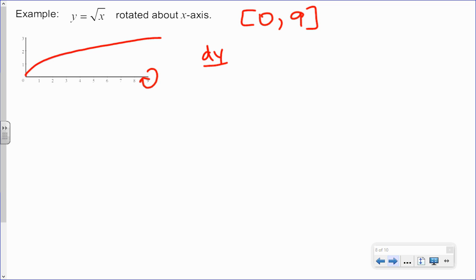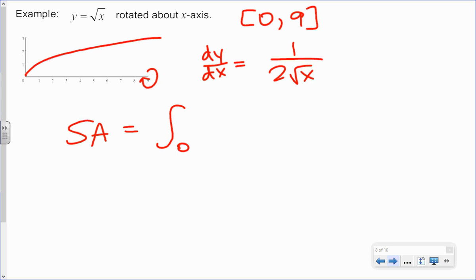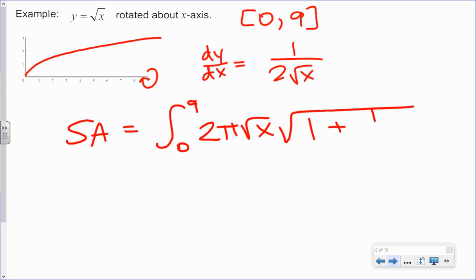First we need the derivative of radical x, which is? So our surface area is the integral from 0 to 9 of 2 pi y times the square root of 1 plus dy dx squared, dx.